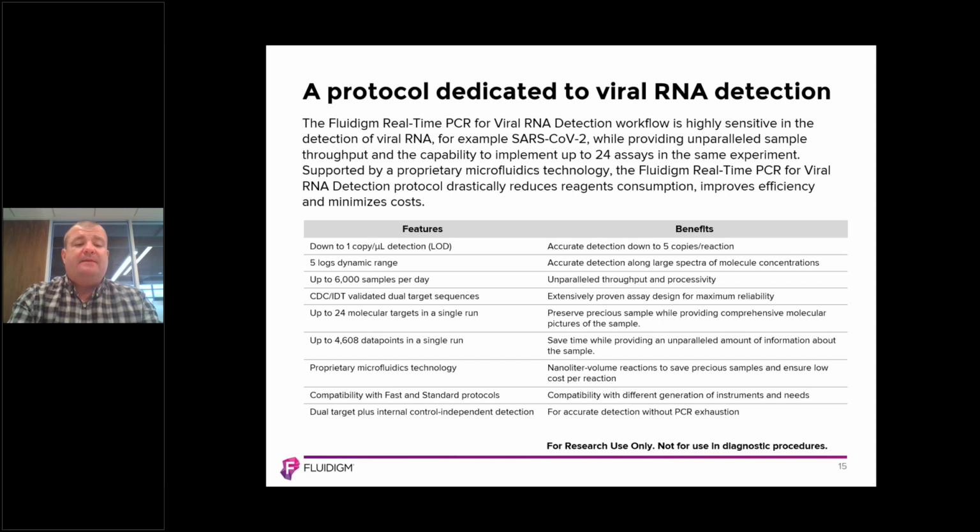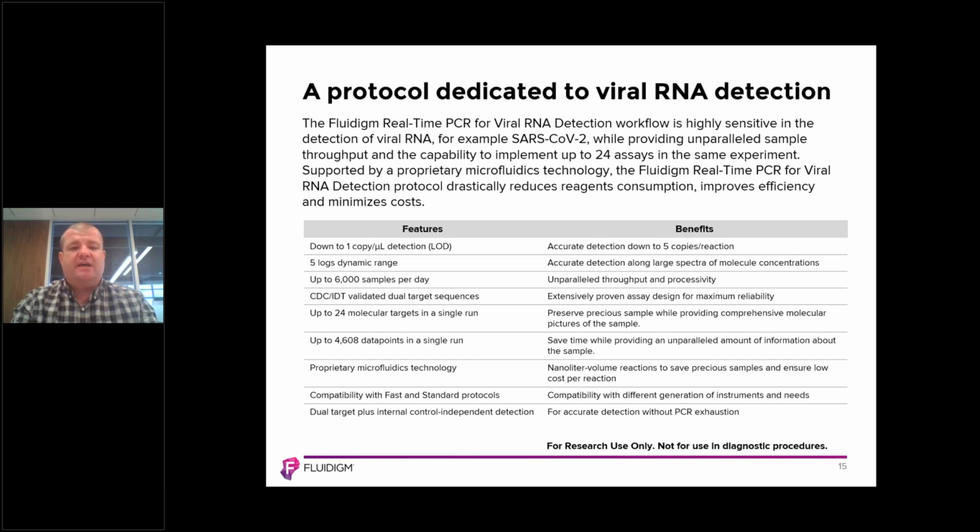We also offer the ability to look at up to 24 molecular targets in a single run. That is important because it means that your precious sample is interrogating more assays than is possible on a 96 or 384-well plate. Because as we discussed last session, each sample is assayed by all 24 assays at the same time.